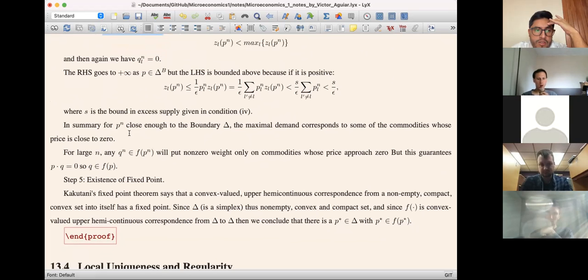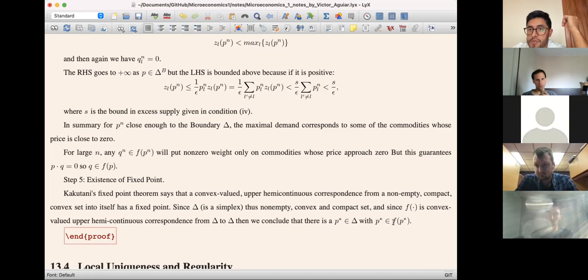Now, this is all about this step. Finally, once you have the F that is convex valued and upper hemicontinuous, mapping from a compact set to the power set of the compact set, you just apply Kakutani's fixed point theorem, which says that a convex valued upper hemicontinuous correspondence from a non-empty convex set into itself has a fixed point. Since the simplex is non-empty, convex, and compact, and since F is convex valued and upper hemicontinuous, we conclude that this mapping has a fixed point.